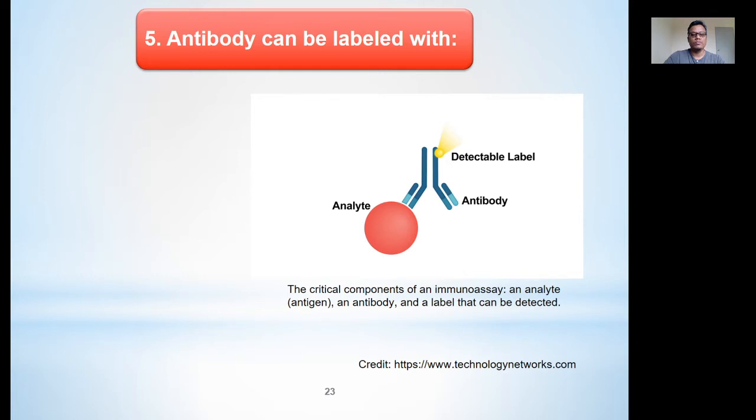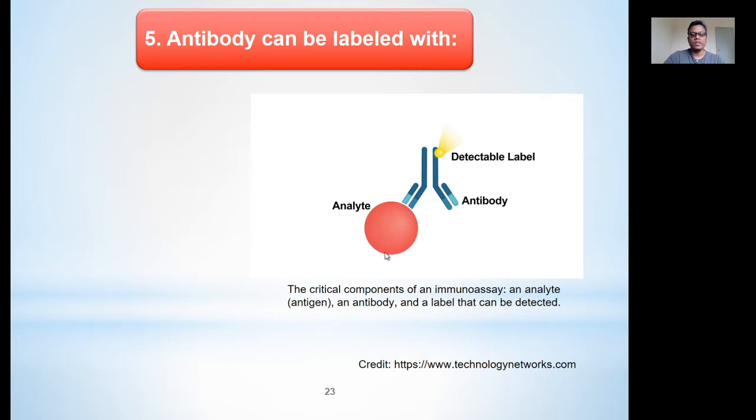So we need to put a label on the antibody, so that the label can be used as a beacon or will highlight the reaction between the antigen and antibody. Here we can observe the critical components of an immunoassay, where we have the analyte.